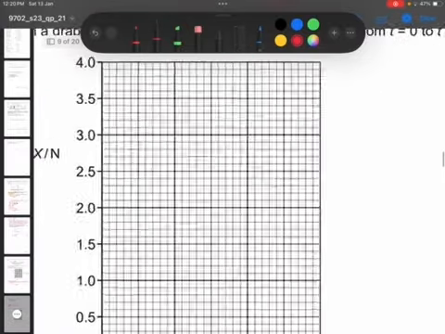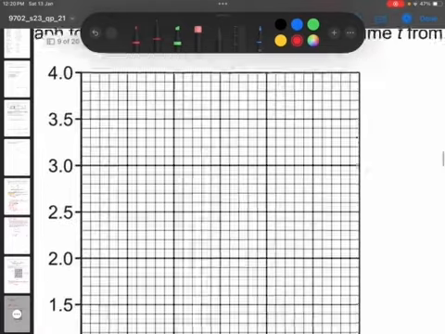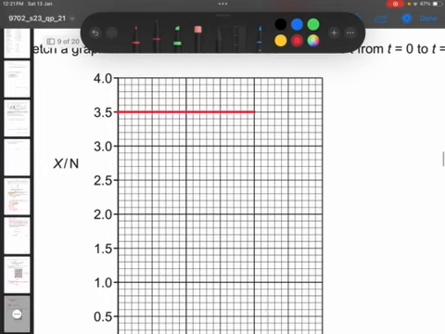So we're going to come here and draw a graph showing the regions. Firstly, we have a straight line here to this point, then we go down, then we have another straight line here. Okay, let me revisit that one.